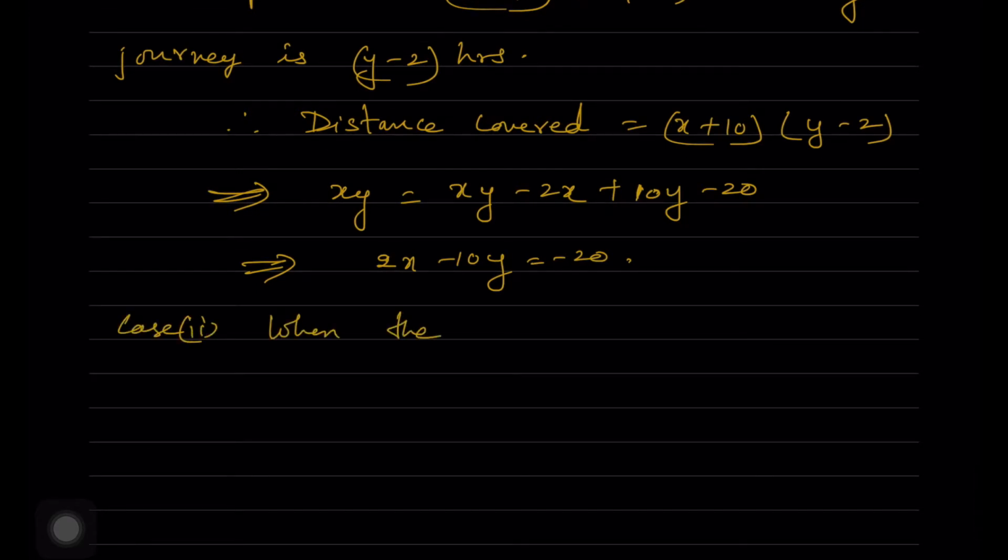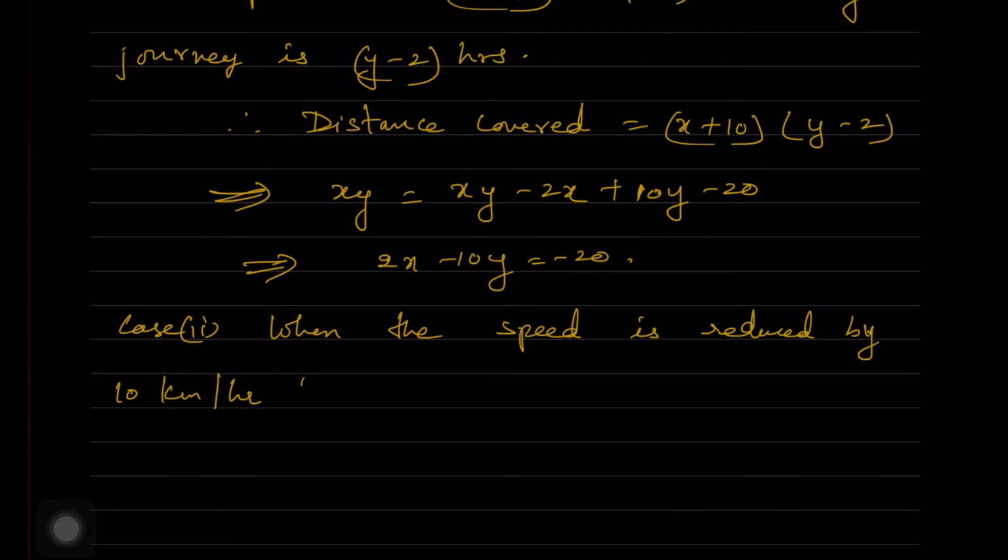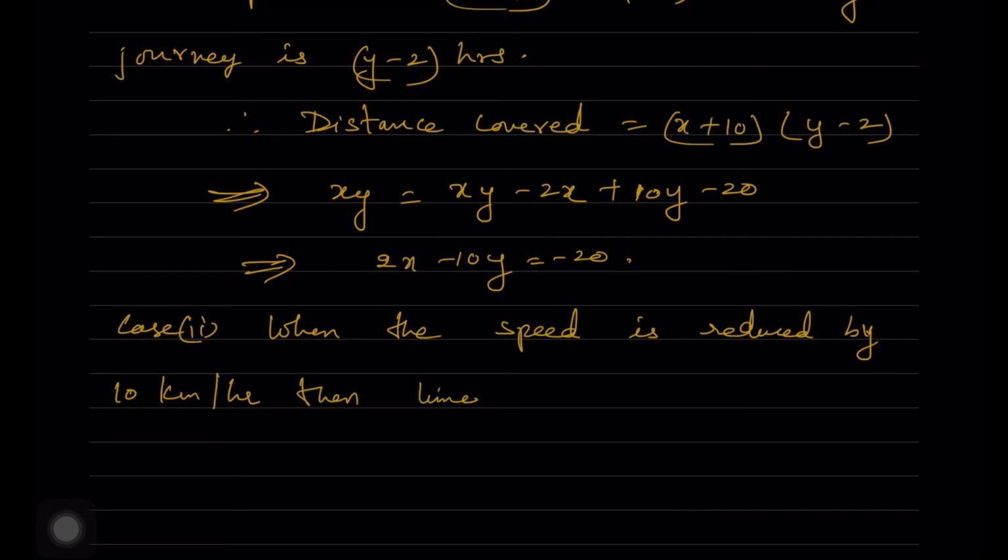Then the second case is when the speed of the train is reduced by 10 kilometers per hour and the journey is increased its time by 3 hours. So therefore your x is decreasing by 10 and y is increasing by 3. So it becomes x minus 10 and y plus 3. Accordingly we'll write what is distance covered. That is our equation where we use distance is equal to x into y.